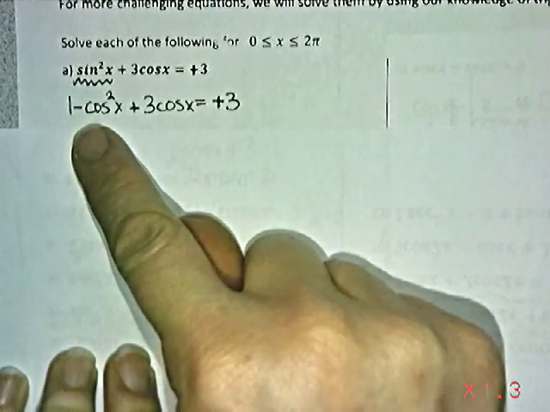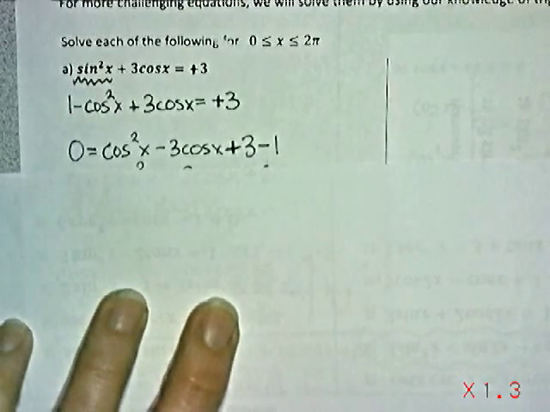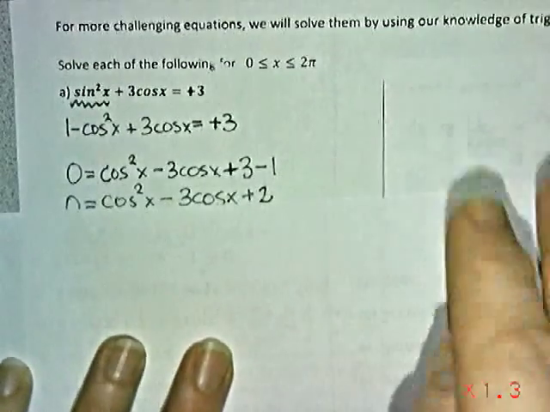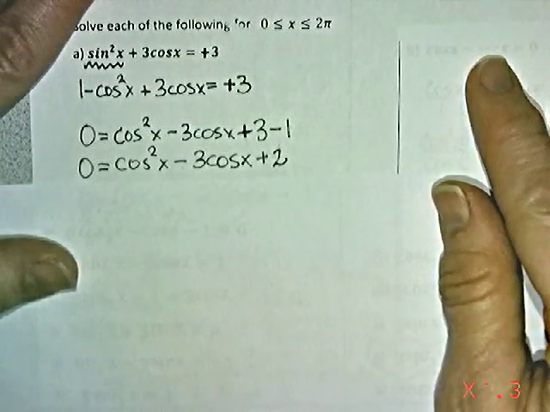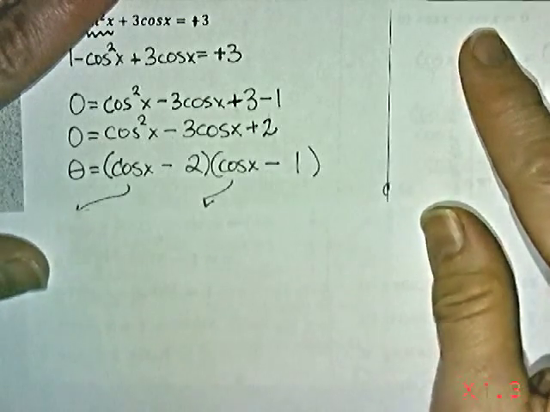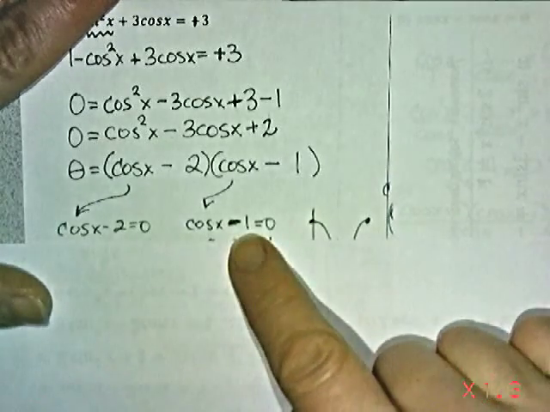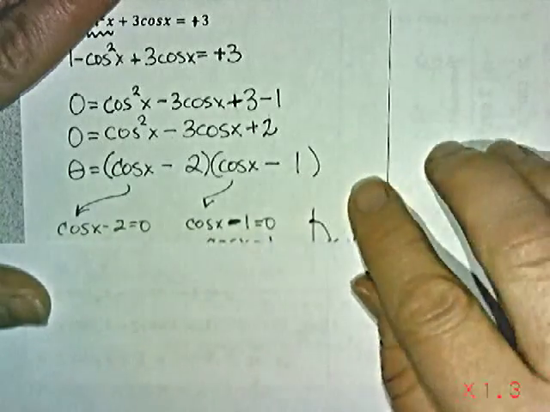And so we have created a situation where we're all cosine squared, so we'll get that all onto one side of the equation and create this factorable situation, cos squared x minus 3 cos x plus 2. And if we factor that out, we can create two linear expressions where we can try to find the angles that make those true.